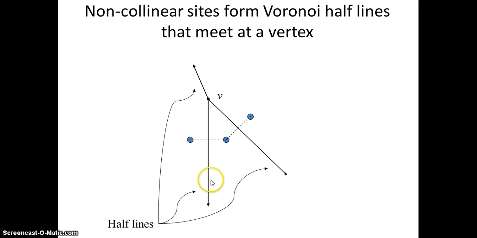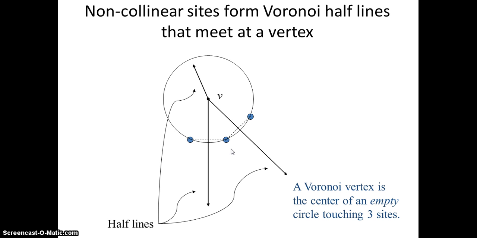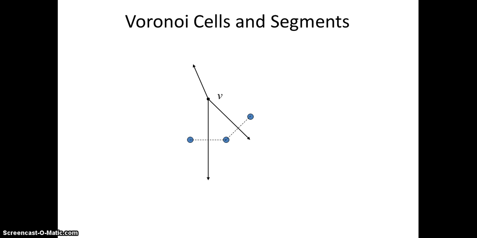So these can be known as half lines. A very interesting fact is that these three sites are co-circular, and this particular vertex is the center of the circle. So we can define a Voronoi vertex as the center of an empty circle touching three sites. Therefore, the degree of V will be 3.